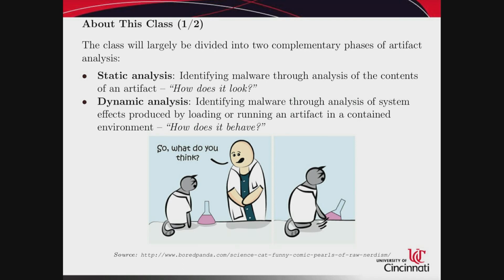About this class, we're going to divide the class more or less halfway, right around spring break time. The division is between what I call static analysis, or the how does it look. So if I have a file or a document, and I'm looking at it on disk, I'm not opening a Word document with Word, or running an exe on a system.